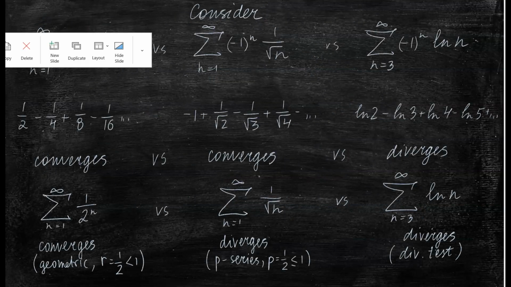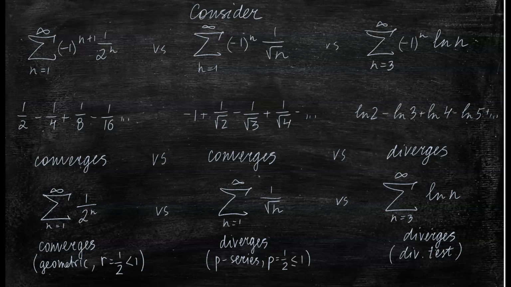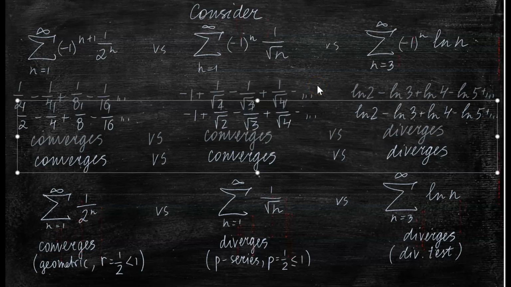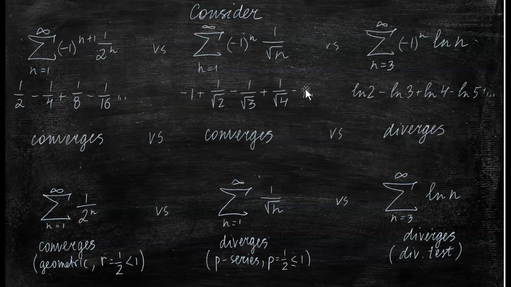So once again, if we look at this example, what's the difference between the series on the left and the series in the middle? They both converge, but the one on the left converges absolutely, and the one in the middle converges conditionally.